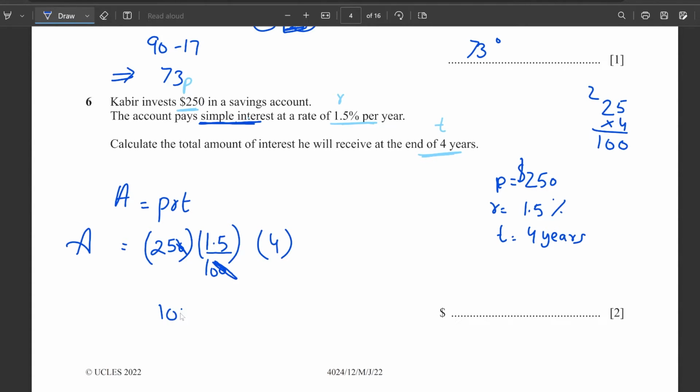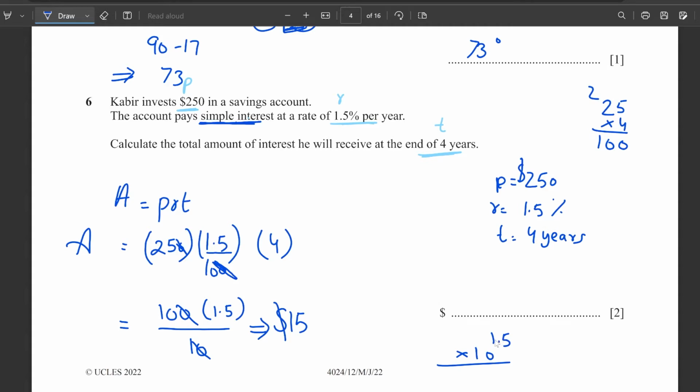So now you're going to put 100 over here, and you're going to put 1.5 over here. You're going to divide it by 10. Again, as I said, you can cancel the zeros, and 1.5 times 10. If you have strong mental capability, you can write 15 over here, or you can multiply 1.5 by 10.